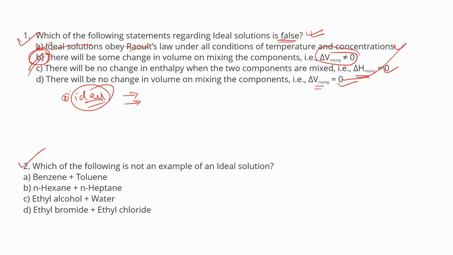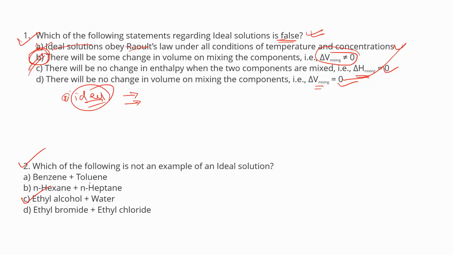Another MCQ is, which of the following is not an example of an ideal solution? Here option C is the correct answer. Ethyl alcohol and water is not an ideal solution. Benzene and toluene is an ideal solution because they are miscible and they obey Raoult's law.